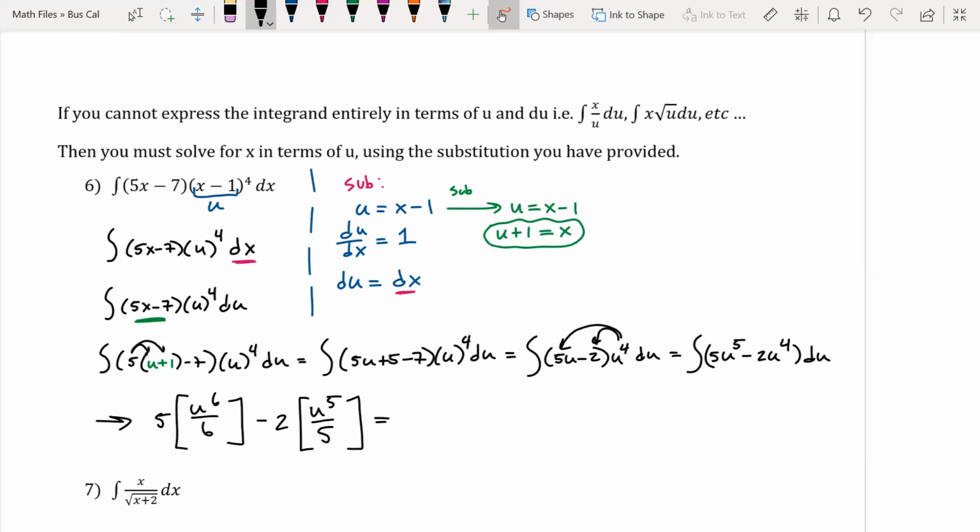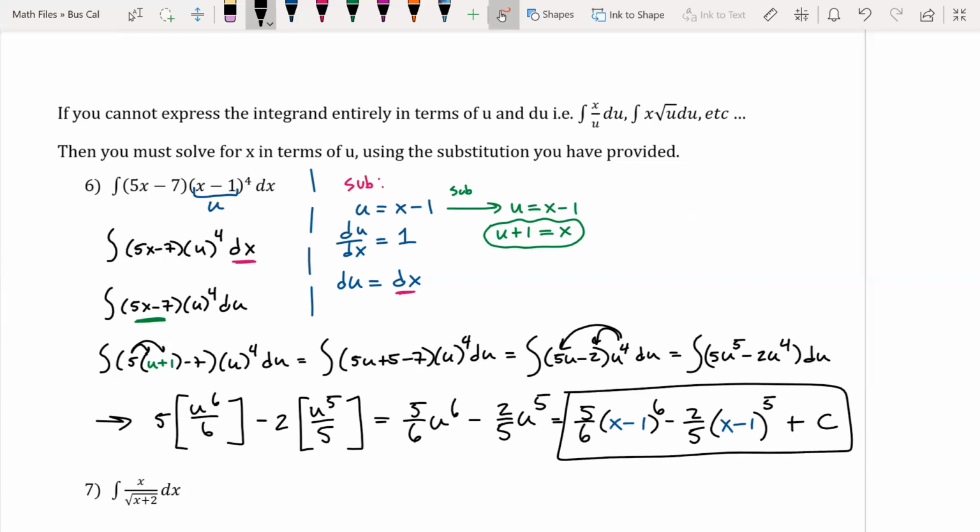Put it together, you get 5/6 u to the 6th minus 2/5 u to the 5th. And we have to just plug in what u was and add that c on. So we're going to have 5/6 times x minus 1 raised to the 6th minus 2/5 times x minus 1 to the 5th plus c.